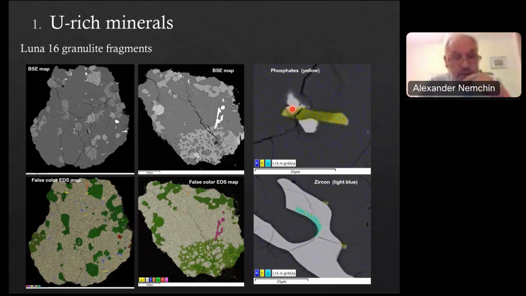And the yellow bits here are all phosphates, and some zirconium-rich minerals. Okay, so some enlarged pieces. This is phosphate, this is zircon, and they look like they texturally form within this material together with the rest. So they're not pieces incorporated. They're not older. They are part of this rock.